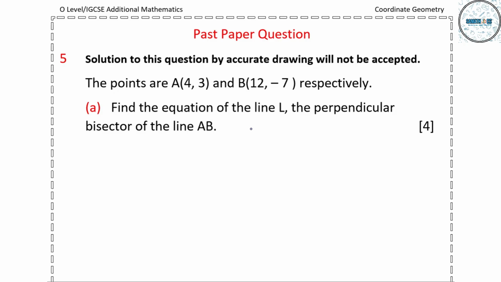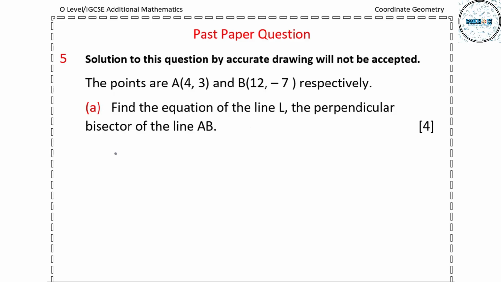We have already done the questions related to the perpendicular bisector of the given line. For a perpendicular bisector, you have to remember 3 things. You have to take out the gradient of the line, which is given. Then you have to find the negative reciprocal of it. And then you have to find out the midpoint. And with the help of the negative reciprocal gradient and midpoint, you will form the equation.